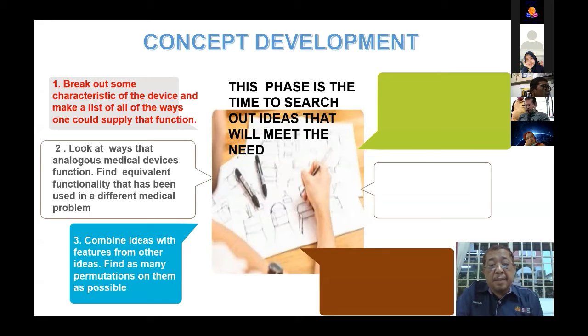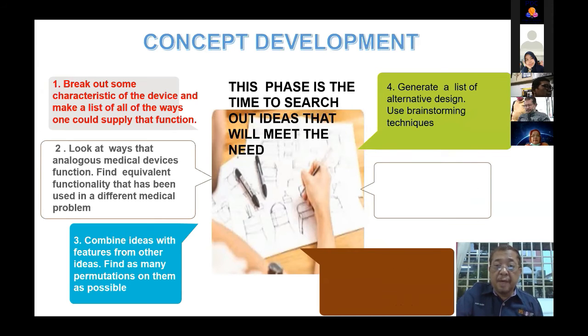Yeah. Create as many permutations as possible. Fourth, you create a list or generate a list of several alternatives to the design. The first 3 look at the functionality. Now you look at the design. I would suggest you use brainstorming technique, because it's quite a common technique to be used.